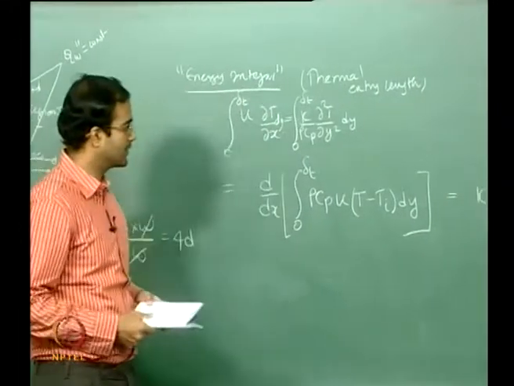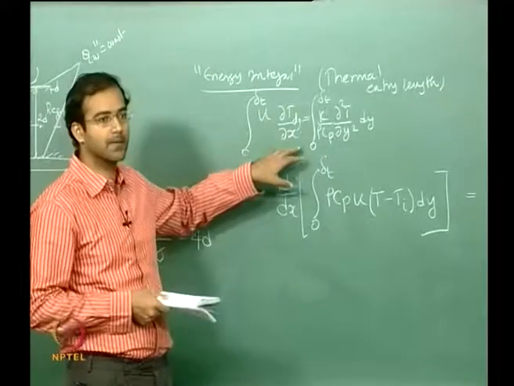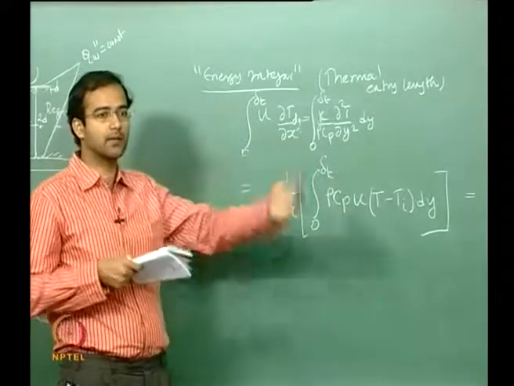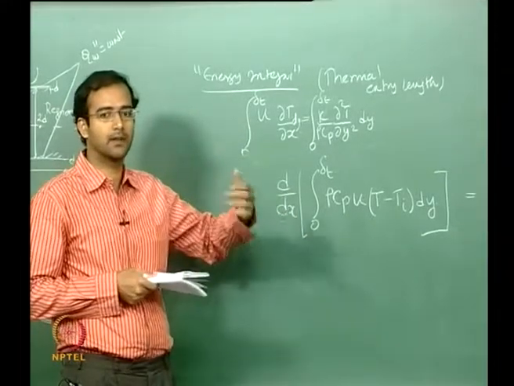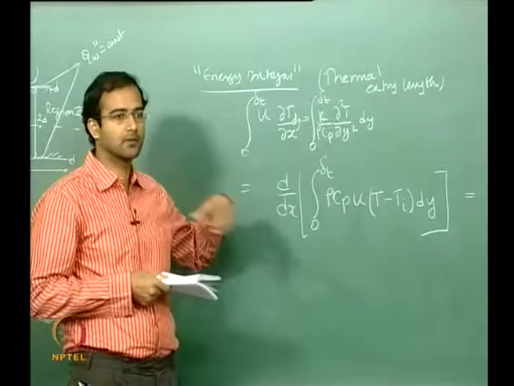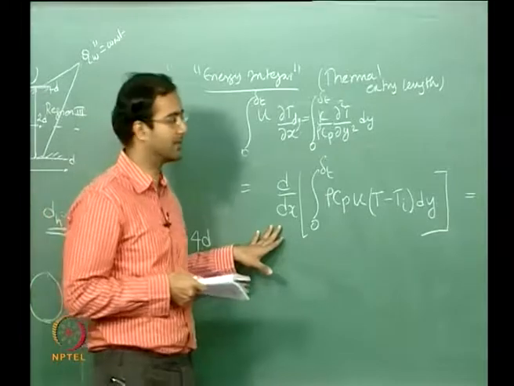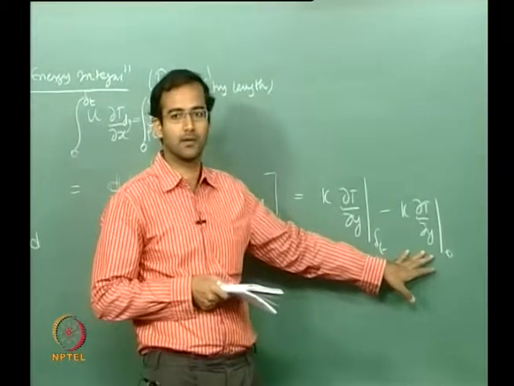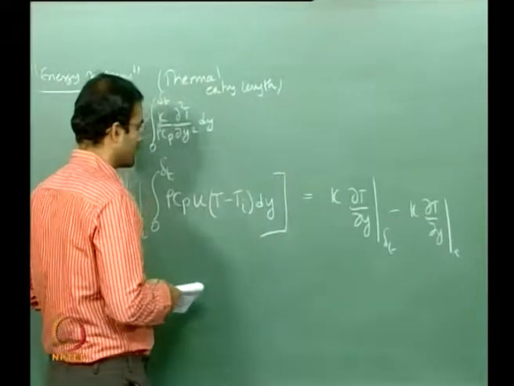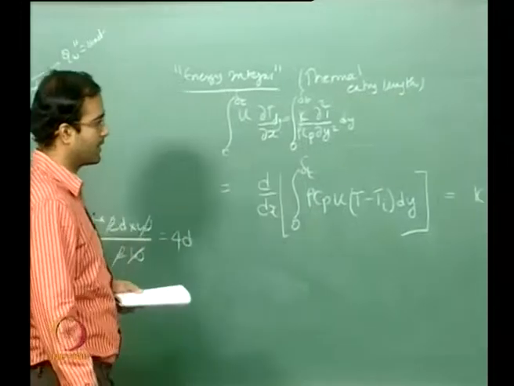Now this is very similar, and in fact it is simpler than the flat plate case. There I had a v dT by dy, and I had to rewrite my v in terms of u and convert all my derivatives in terms of derivatives in the x direction. Now I have directly only a derivative with respect to x here, and this is of course related to the wall heat flux, which is known. So what is the value of k dT by dy at delta t?